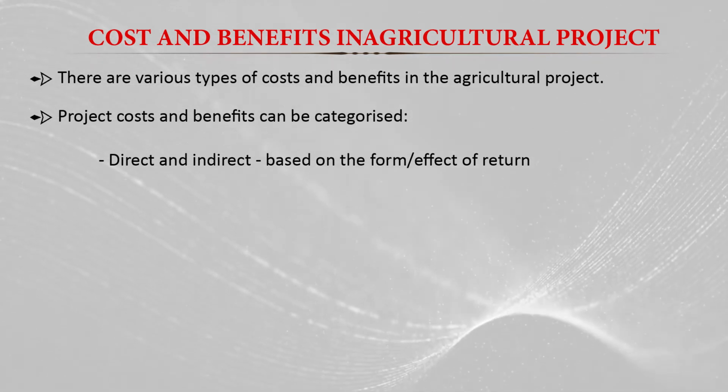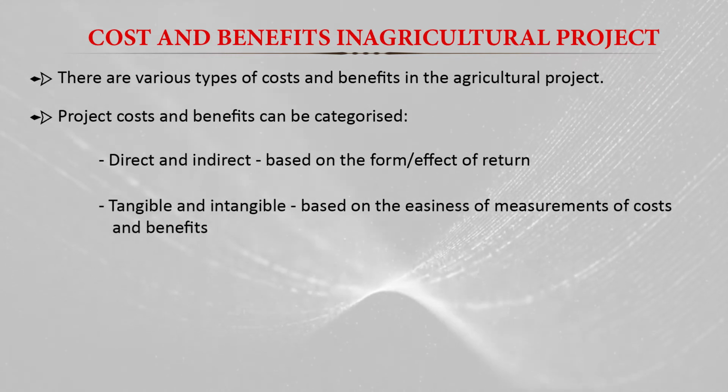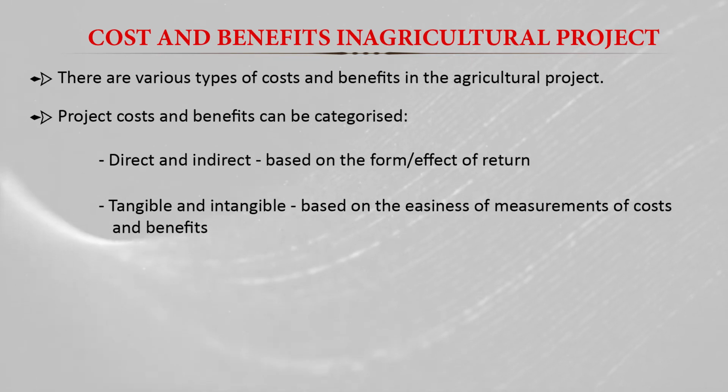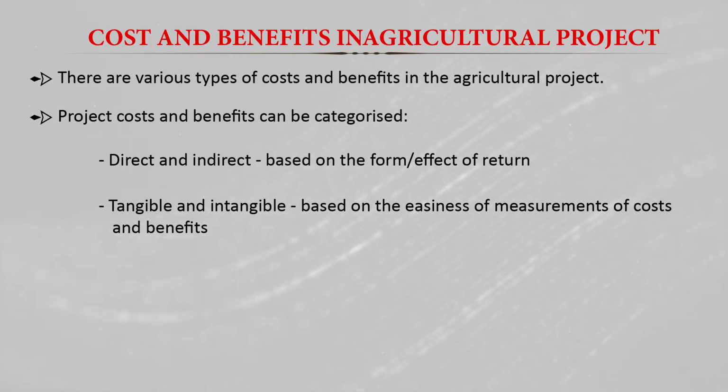Then another form is tangible and intangible. It is based on the easiness of the measurement of the cost and benefit in monetary value. We can easily value the land, we can easily value the seed cost, so that is tangible cost.